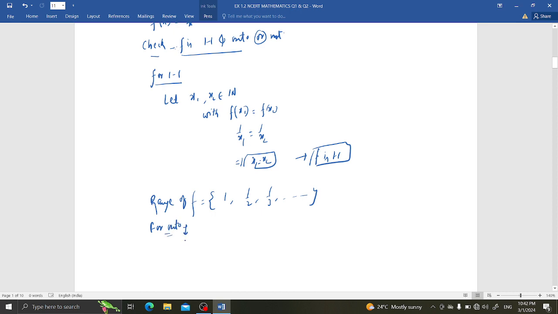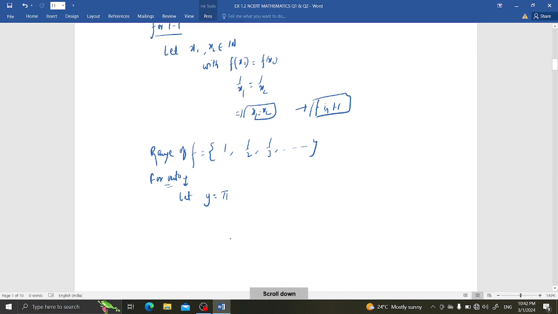Now for onto, let y equal to pi, and we have f(x) equals y for some x. This thing I assume, for some x belonging to the natural numbers. So 1 upon x equals pi, so the x value is 1 upon pi.